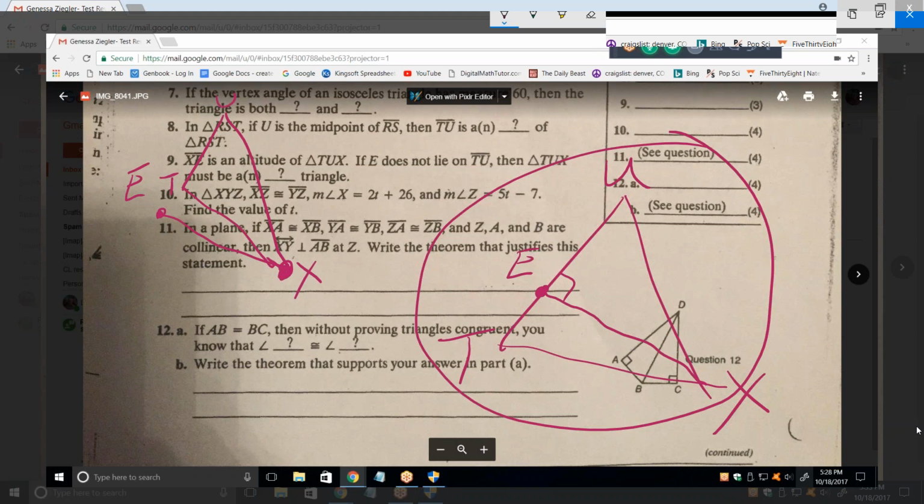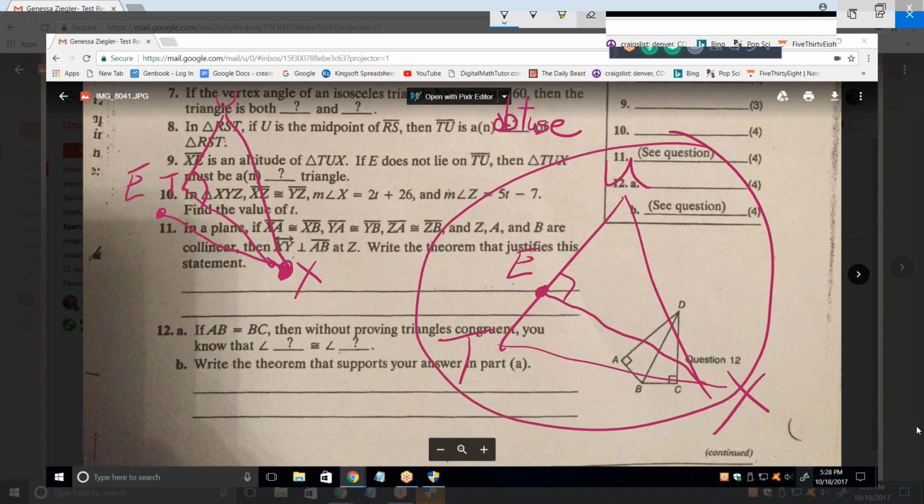So if that angle is obtuse, then EX, the altitude, E is not going to lie on TU.